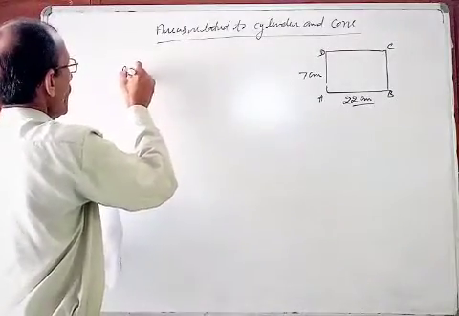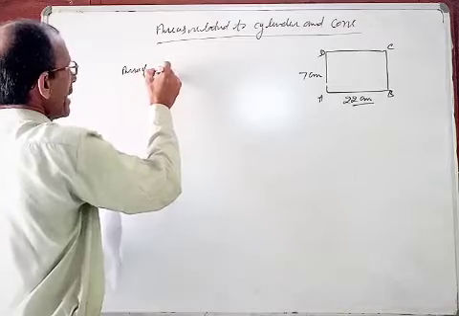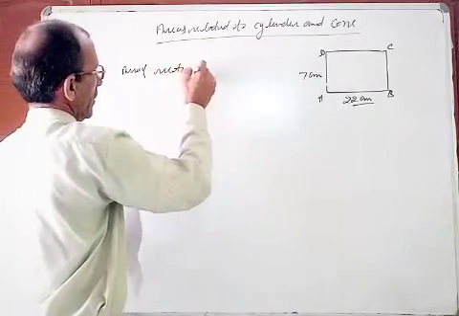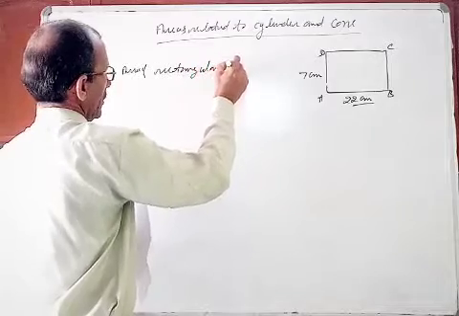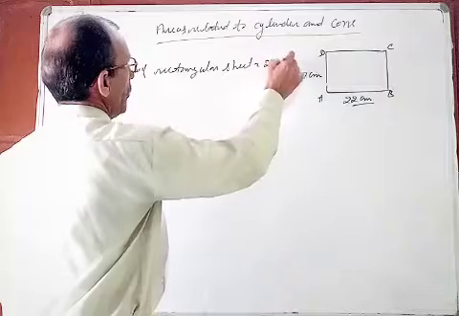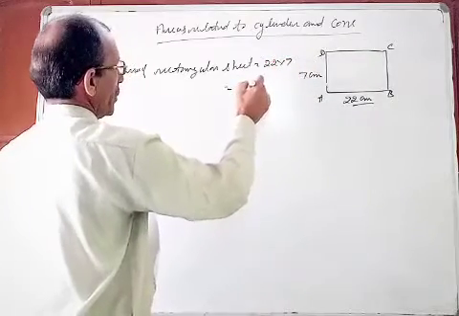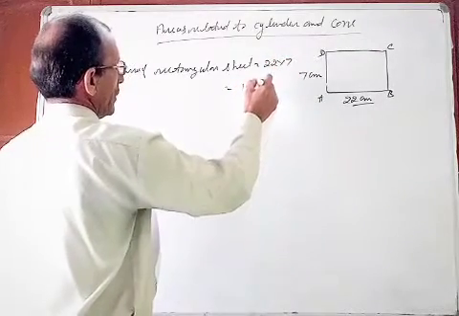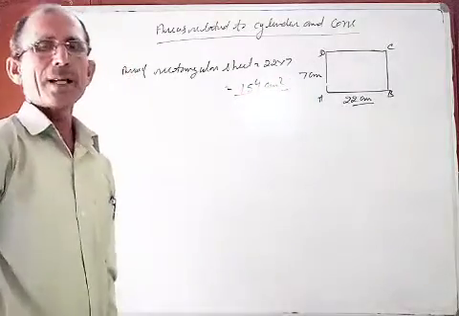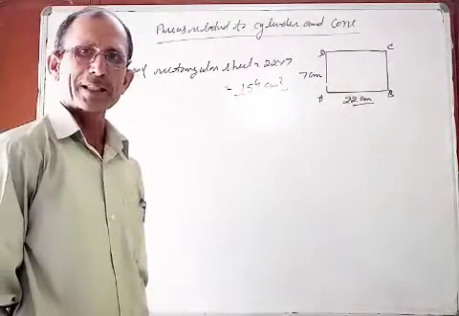So area of rectangular sheet is 22 multiplied by 7, which is 154 square centimeter.